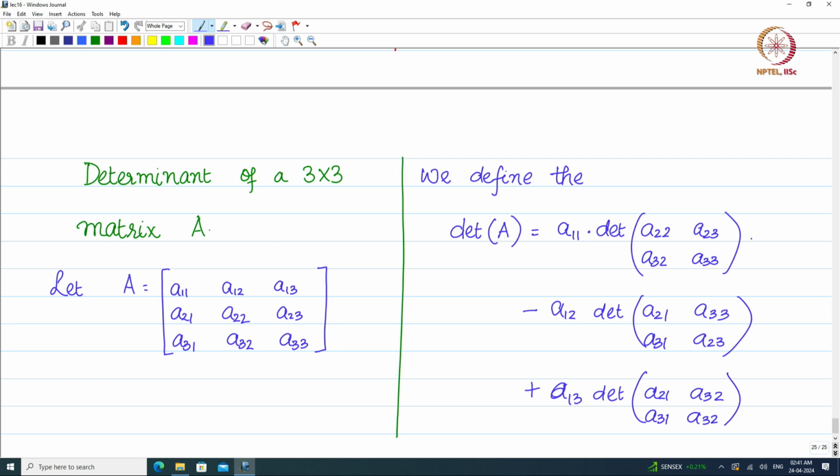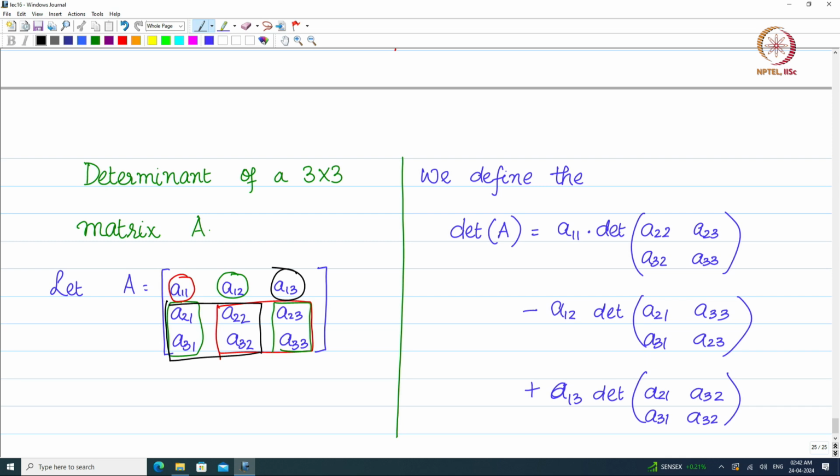It is going to be the first row, first element into the determinant of this submatrix, minus the first row, second element into the determinant of this matrix, plus the first row, third element, which is A13, into the determinant of this matrix.